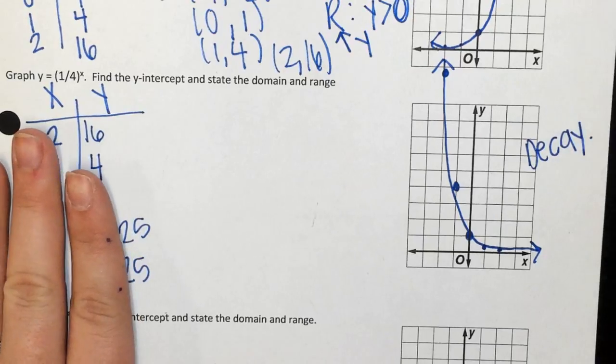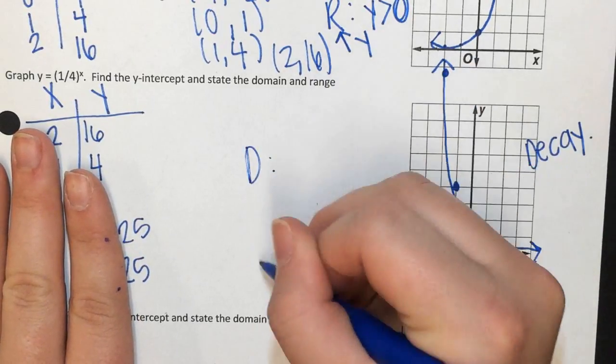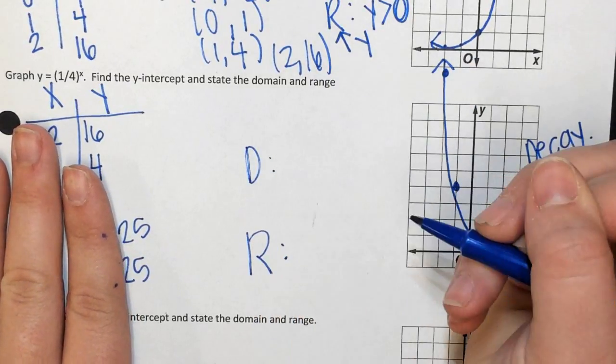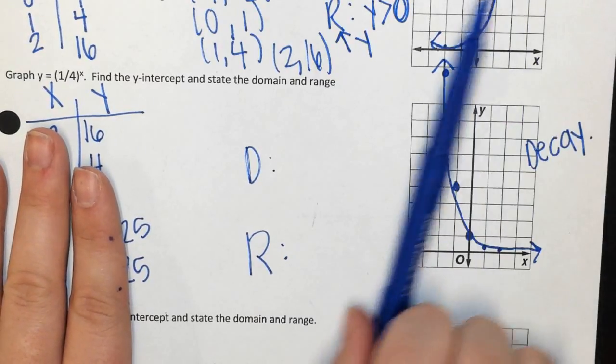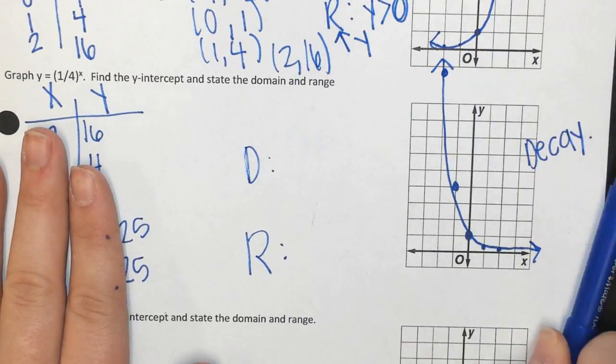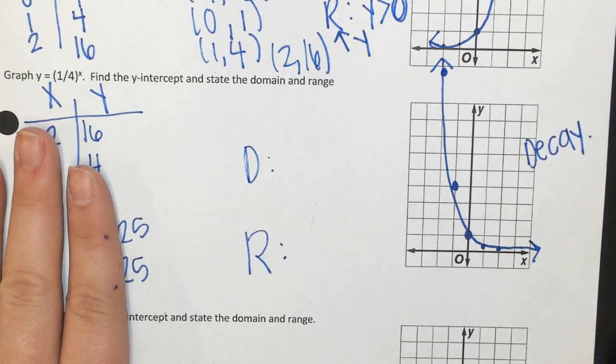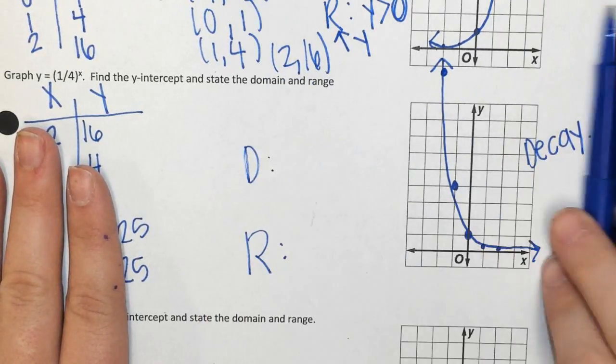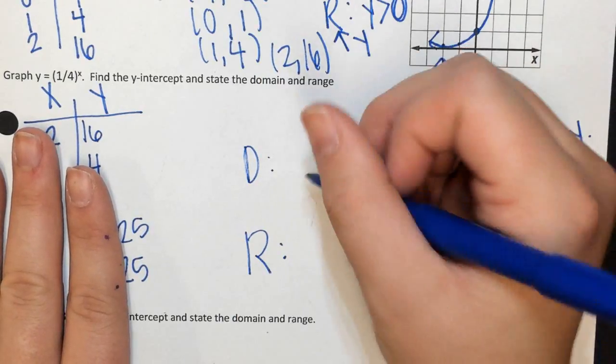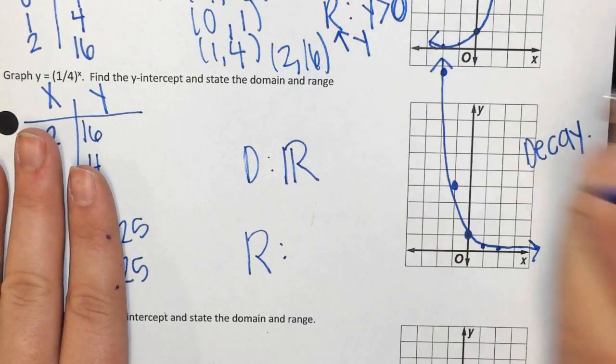Now, I need you to write your domain and your range. Your domain is always your x, side to side. We only picked 5 points. If I picked other points, would it keep going? So I'm going to use my symbol.